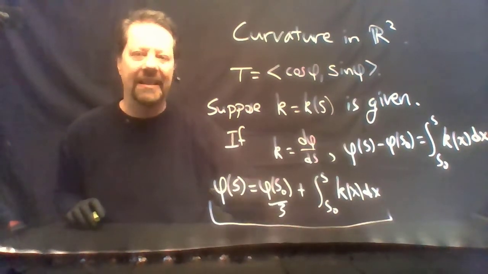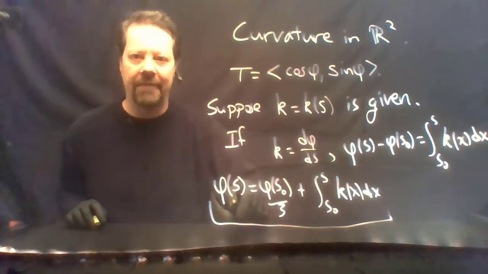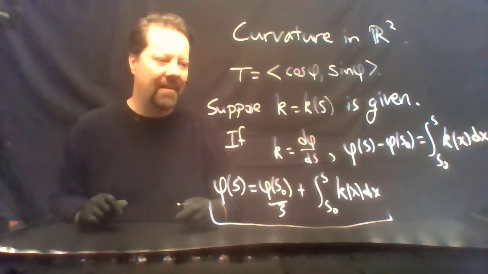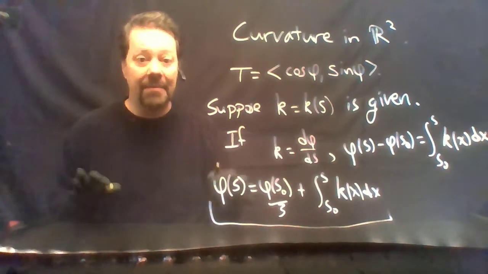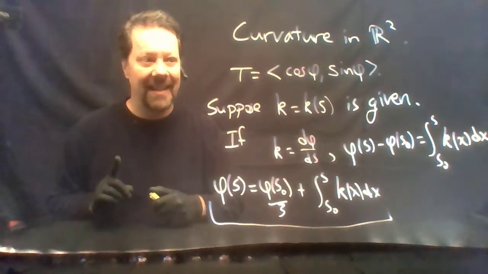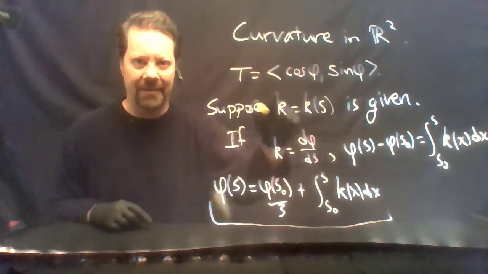So you'll have to be given this initial angle of rotation in order to completely determine phi. But at least we will know phi up to some initial rotation. Next, that gives us the unit tangent vector.